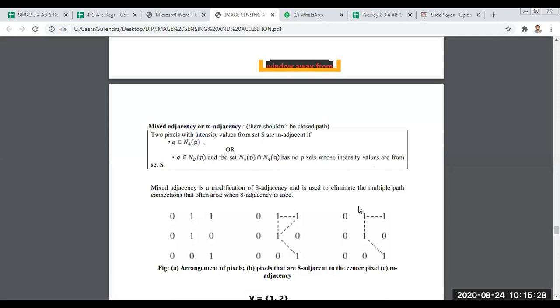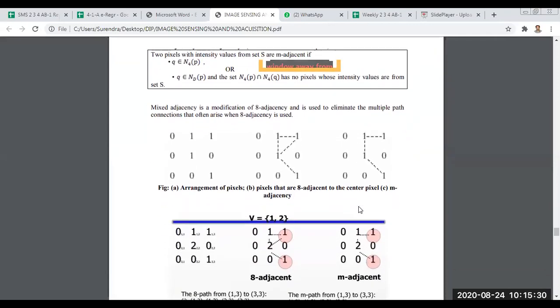Okay, now we have to observe how 8-adjacency and mixed adjacency work. Of course, in 8-adjacency there is 4-adjacency also. The first arrangement is like this: 0, 1, 1, 0, 1, 0, 0, 1, 0. This is my matrix representation of an image, of course black and white.